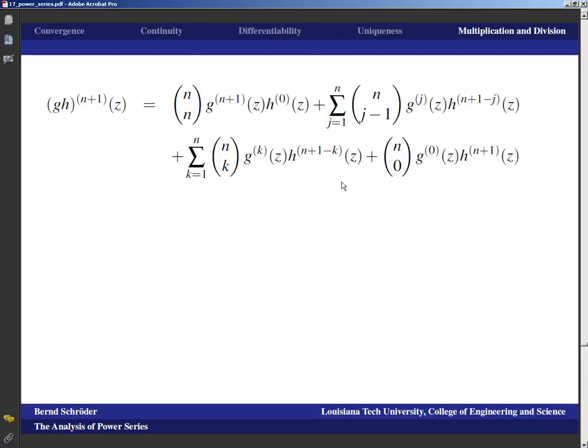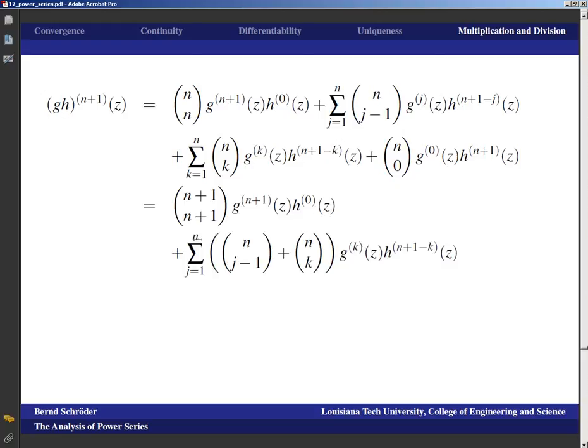And now we want to combine those things, and so we realize in anticipation, well, n choose n is 1, and n plus 1 choose n plus 1 is also 1, so we get n plus 1 choose n plus 1, g n plus 1, h 0, plus these two sums will now be combined, sum j equals 1 to n, n choose j minus 1 from here, n choose k from here, added, and both these terms have k's derivative of g times n plus 1 minus k's derivative of h, only here it's with j and here it's with k, so that's why we can factor that out.